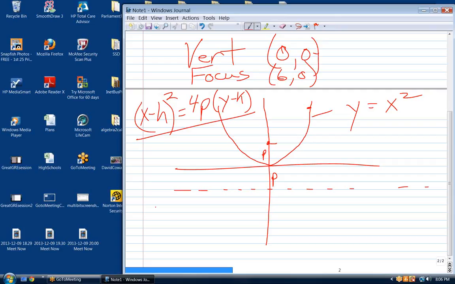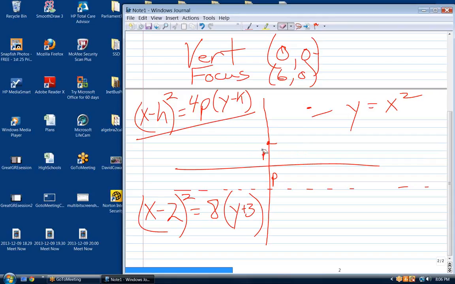So if I gave you the following, and H and K are the vertex. So if I give you this equation, tell me where's the graph start? What is its focus, and what is its vertex, and what is its directrix?